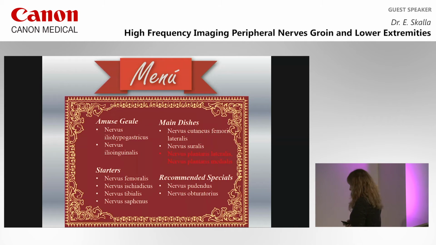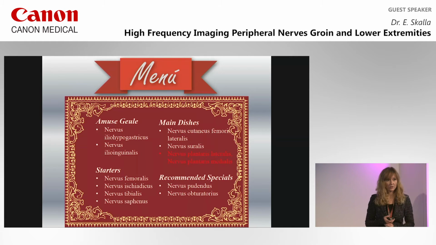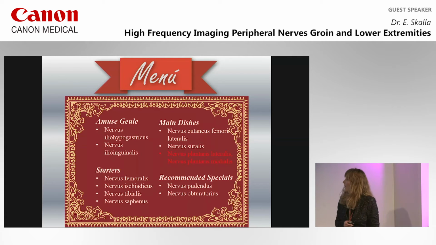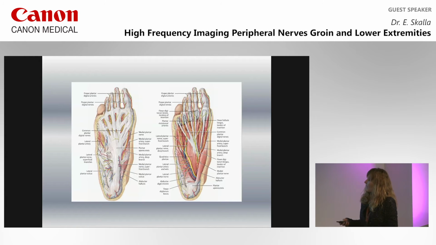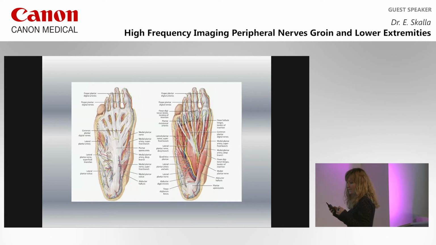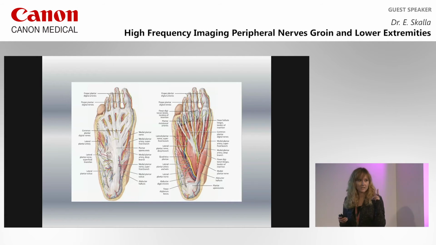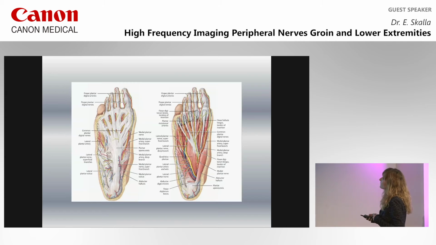And then we go to the sole of the foot, to the medial and lateral plantar nerve, the end nerves of the tibial nerve. I've told you the tibial nerve divides in the tarsal tunnel into its two branches, the lateral plantar and medial plantar nerve.